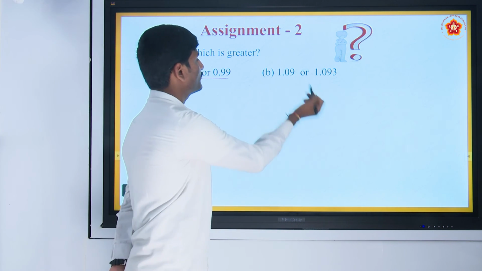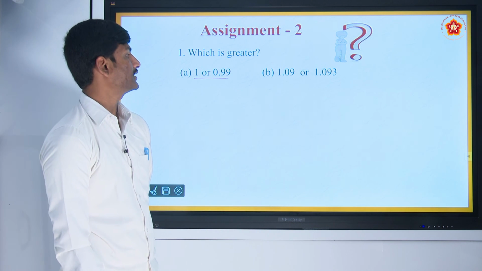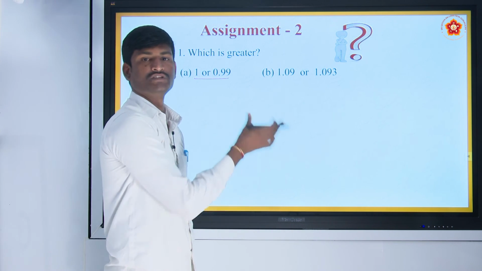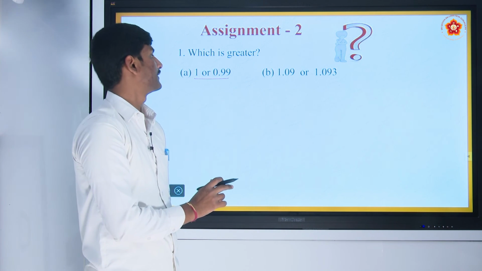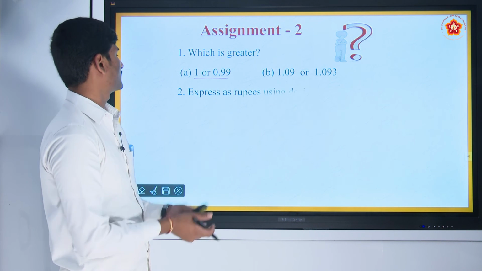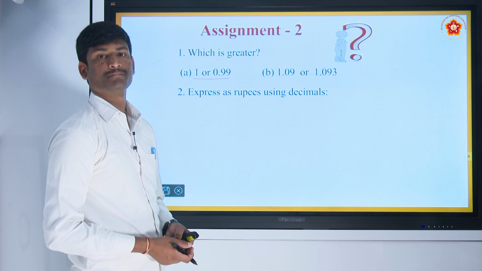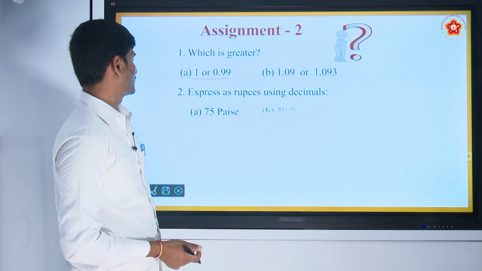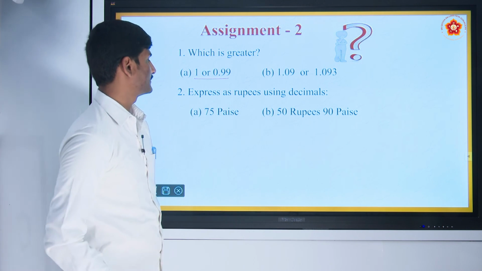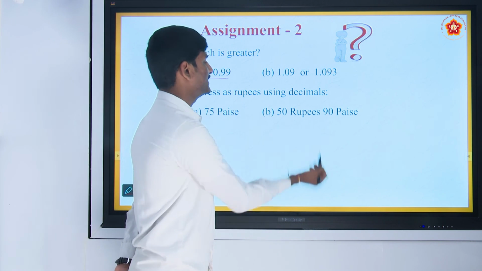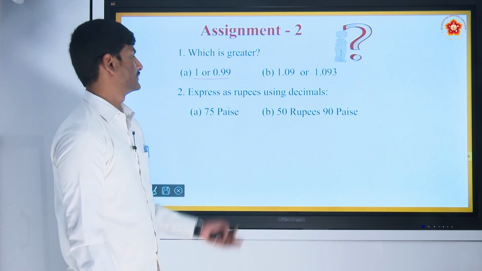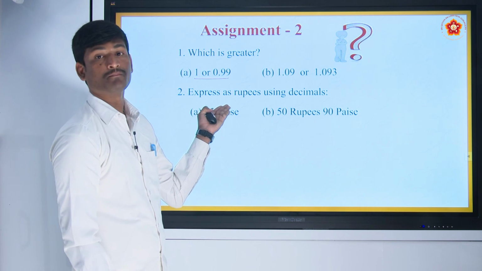The second one is 1.09 or 1.093. Which one is greater? Which one is lesser? Then the second question is to express as rupees using decimals. Here A is 75 paise and B is 50 rupees 90 paise. This question is based on conversion of money.